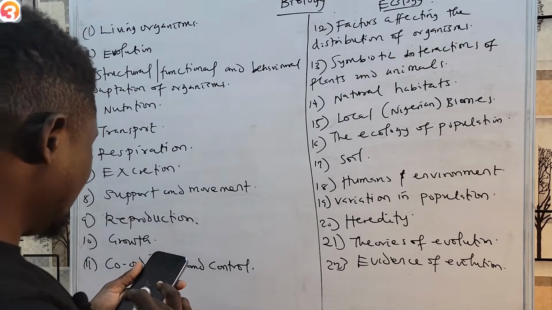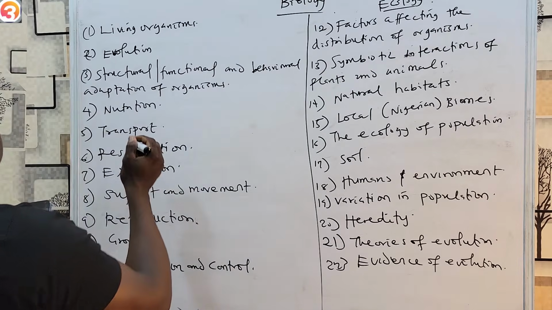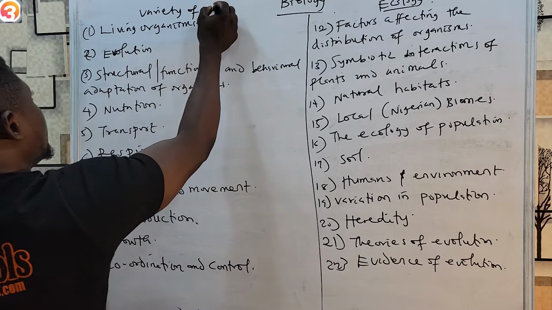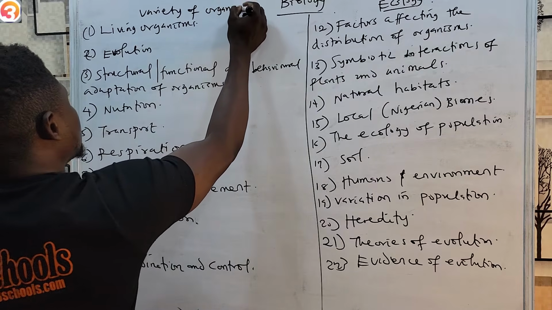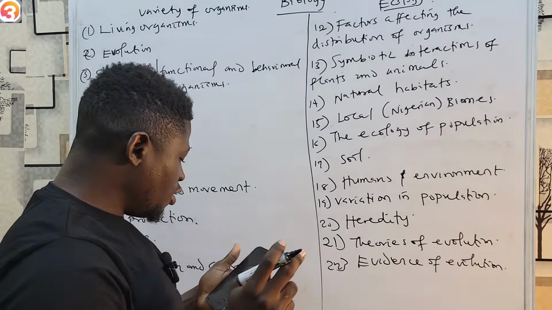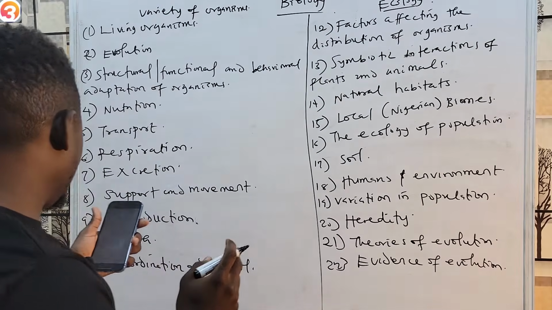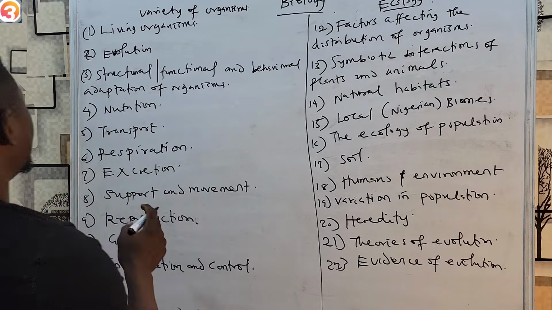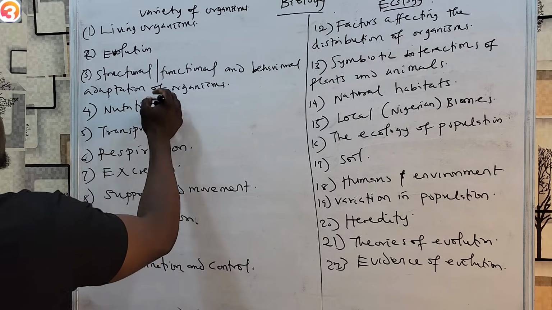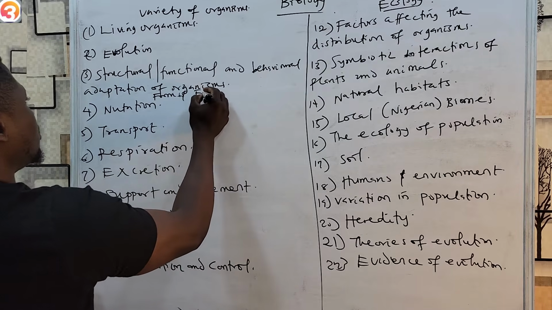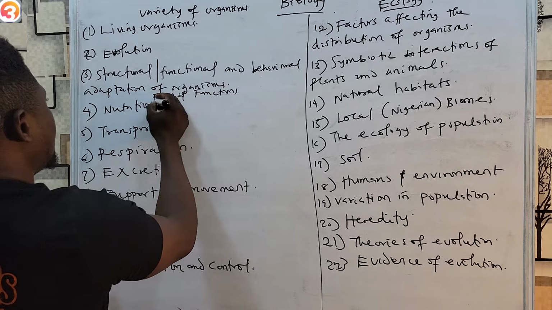Then the first part is variety of organisms, right? So the second part was form and functions, which includes nutrition.